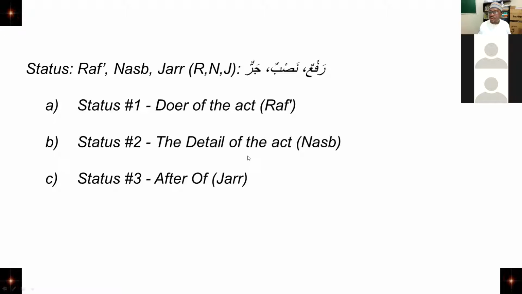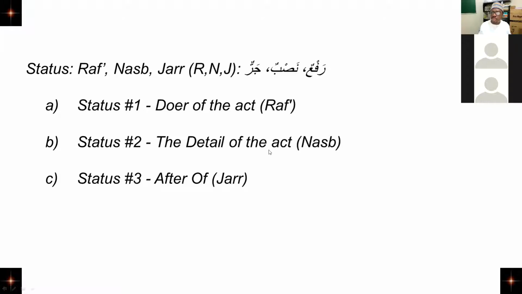That's the detail or the victim of the act. It's always in Nasb status. Now note, it's not in Fatha status, it's in Nasb status, because Fatha is a sign, but Nasb is a status.